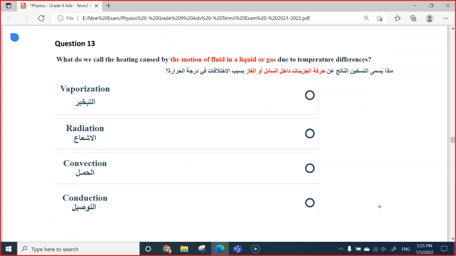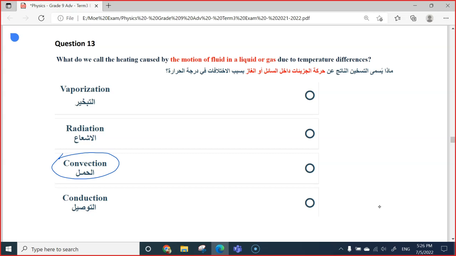Question number 13. What do we call the heating caused by the motion of fluid in a liquid or gas due to temperature difference? It is called convection. Example is boiling water. When you boil the water, you can see the water molecules move from the bottom of the vessel to the top, and then from the top to the bottom.